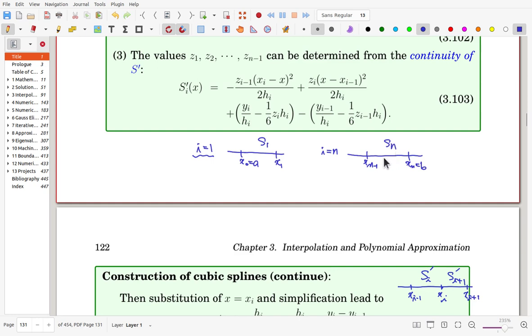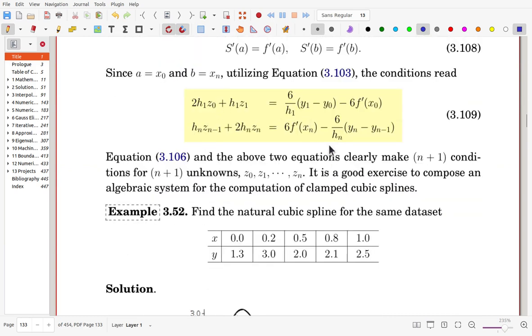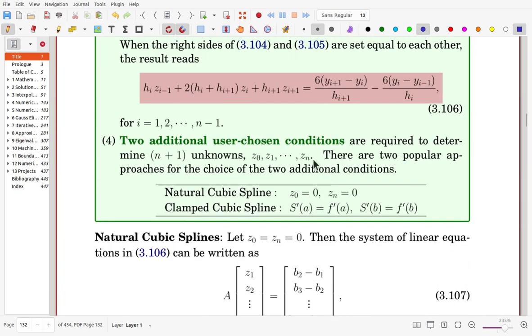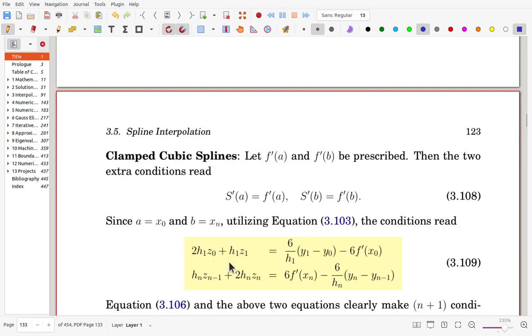Okay, so when i is n, that's representing this portion, and you can plug in x is now B, then you can get some corresponding right side. If they are simplified, then you can have these equations. So here we have n-1 equations for z values, n plus 1 unknowns of z, and we have here two extra equations.